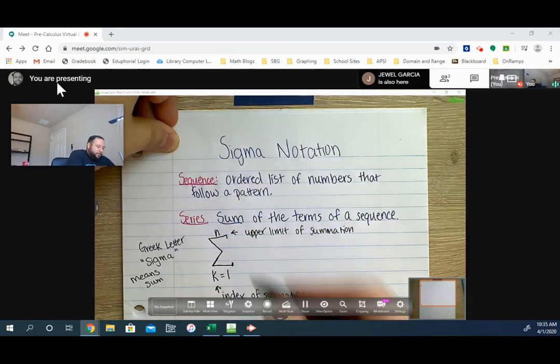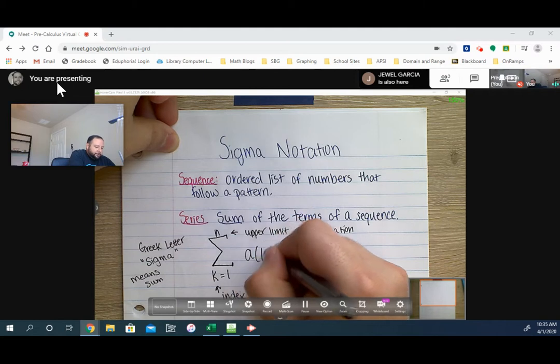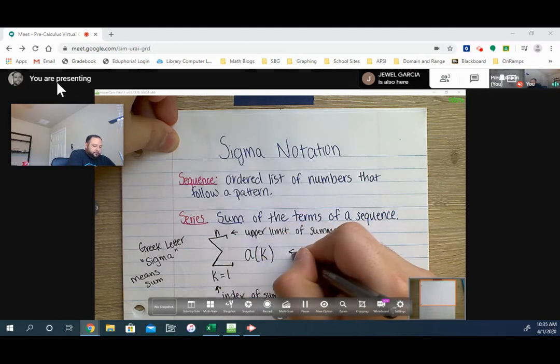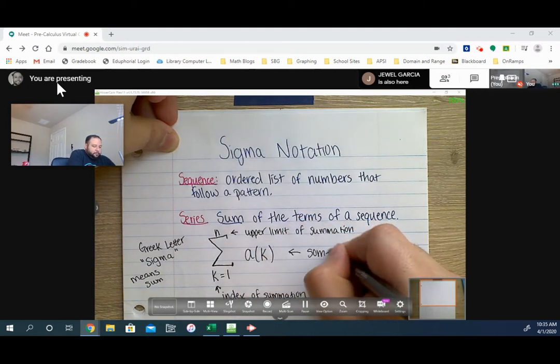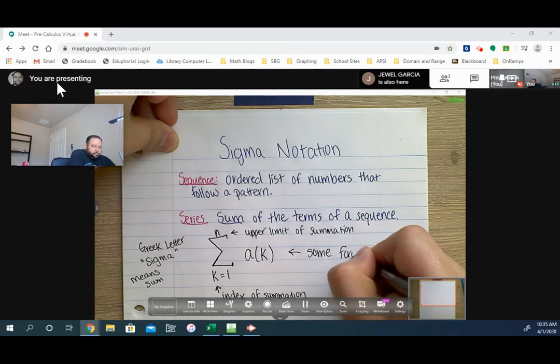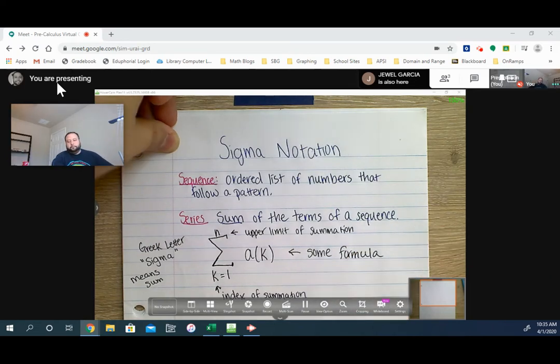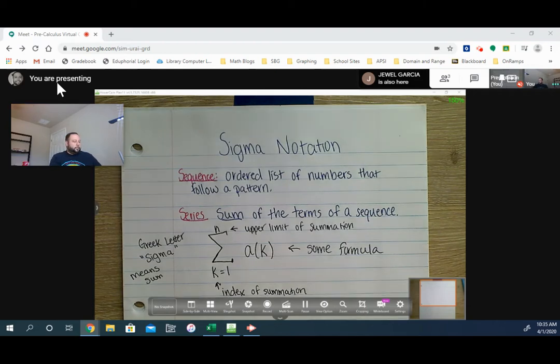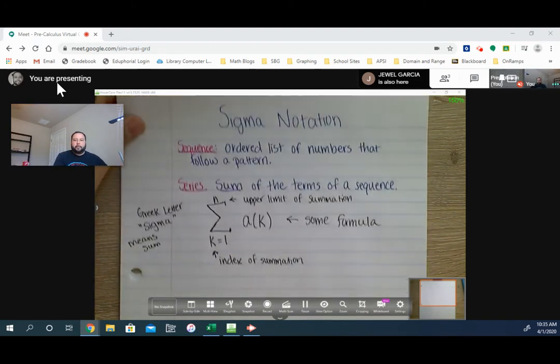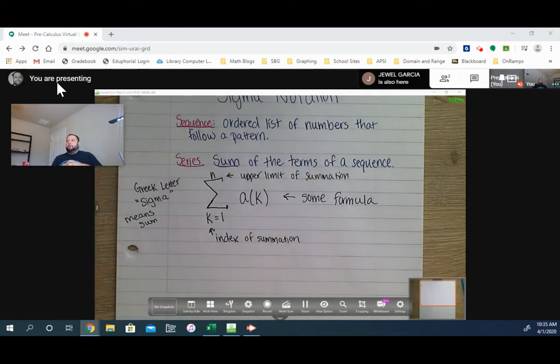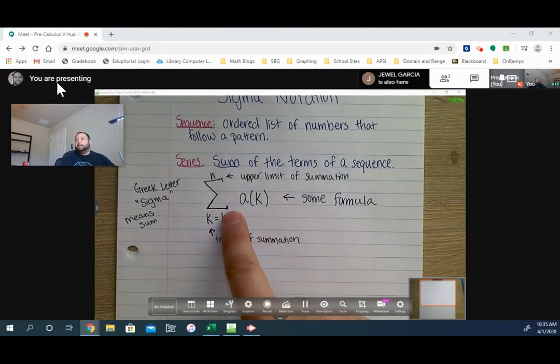And then you have something here, which I'm just going to call A of k, and that's just some formula. Let me move it up a little bit. So we have basically the big sigma, and the big sigma is going to have an index of summation, which is like your starting point.